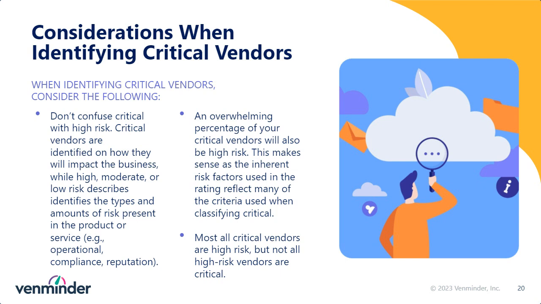And that's true because many of the factors that make them high risk are also things that would contribute to them being critical, such as a high business continuity dependency or strong regulatory compliance or interaction with your customers. Remember, almost all of your critical vendors are going to be high risk, but not all of your high risk vendors are critical.